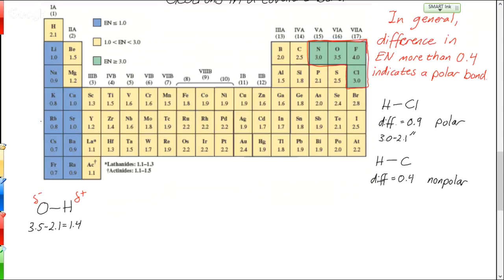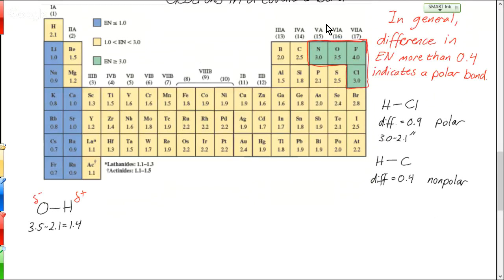And then with N and Cl, it's a pretty good chance that whatever's bound to them is also going to be polar, because I think there's just a couple exceptions. Anything that's 2.5, which is just C and S, would just barely make it, but even that would still be polar.